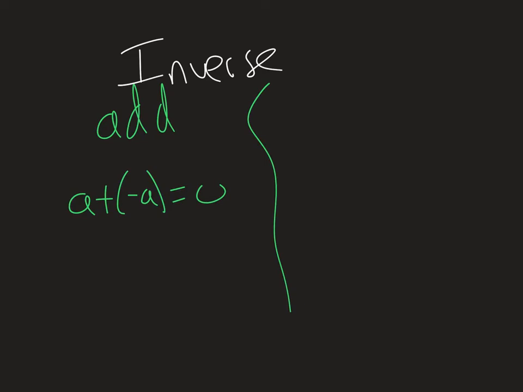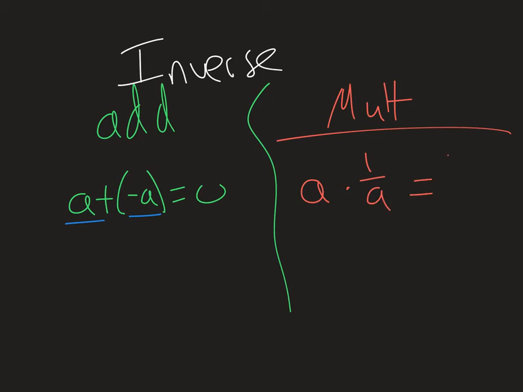So if I add anything with its negative, I get 0. Likewise for multiplication, if I multiply something by its reciprocal, so in this case if I have A times 1 over A, that equals 1. We're essentially undoing the multiplication is what's happening here. So this would be a reciprocal, also known as a multiplicative inverse, this 1 over A expression.